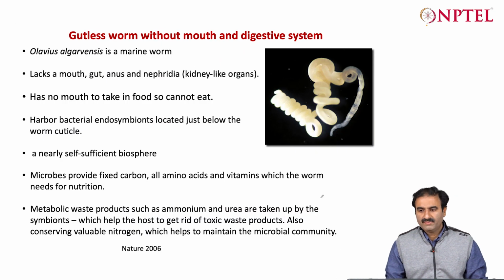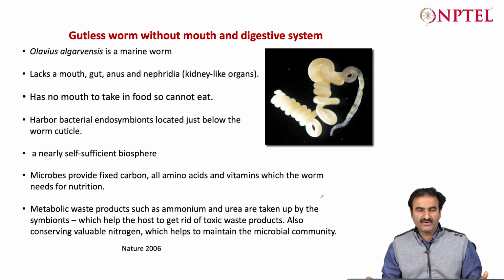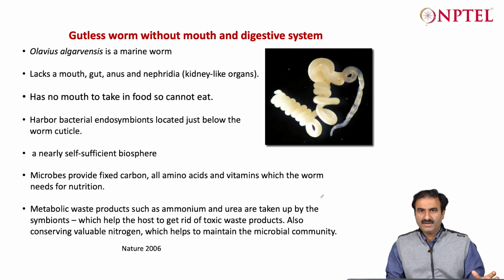And just another organismal system, it's a gutless worm which does not have a mouth, gut, anus or nephridia, even kidney or those kinds of organs. Basically it has a cavity where microbes are present, which are endosymbionts.